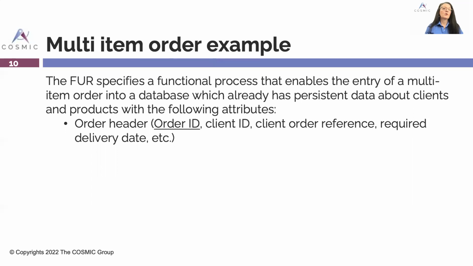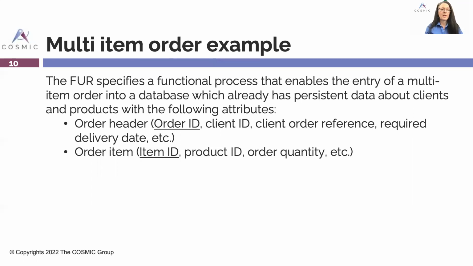There's first an order header with order ID, client order reference, required delivery date, etc. And then a list of order items that contains an item ID, a product ID, the quantity ordered, maybe unit price, maybe discount per item, if it's taxable or not, etc.